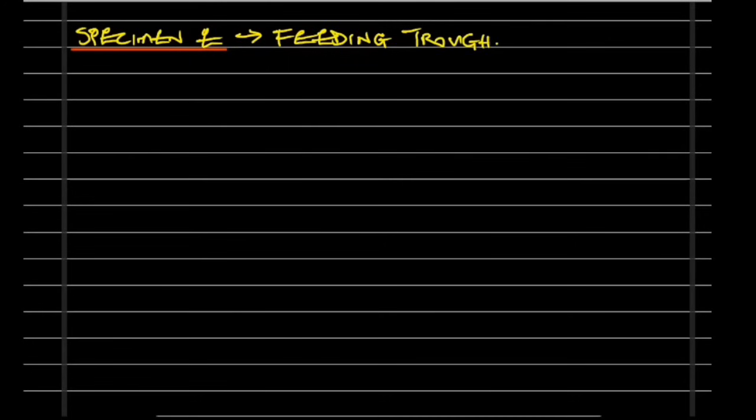They come in different sizes, shapes, and materials, and are specifically used in constructing containers that are used to feed animals. Different animals have different types of feeders, and that is what our specimen E is talking about, the feeding trough.